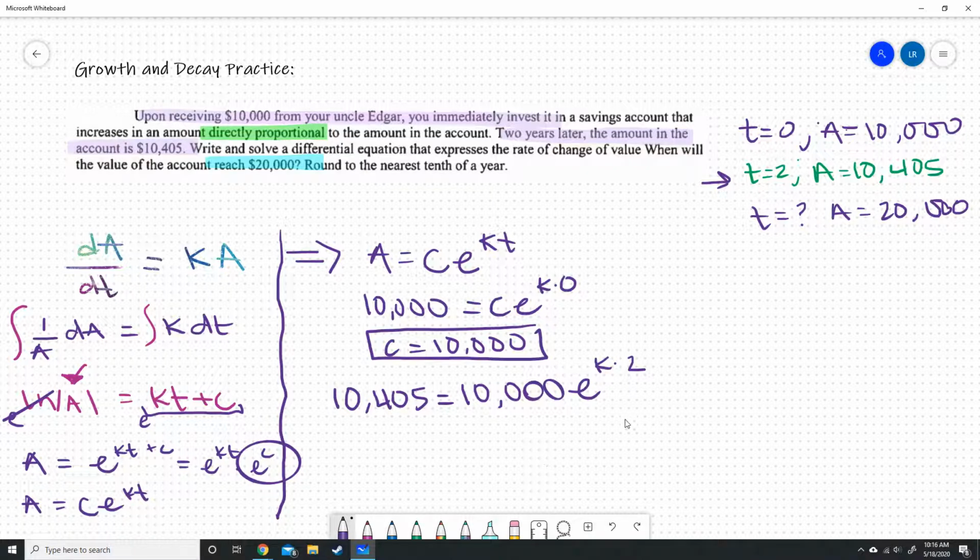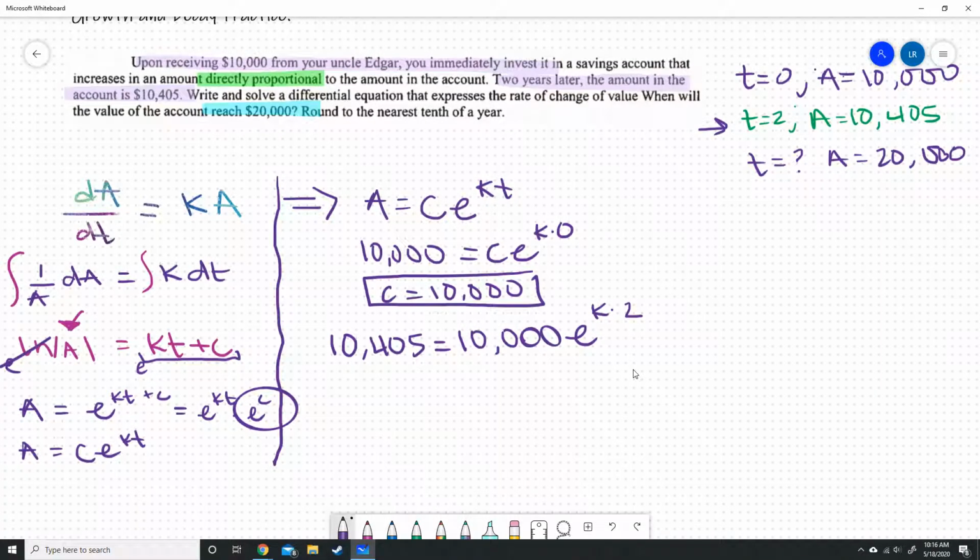Well, using algebra to solve this, we'd divide by 10,000, we'd ln both sides, and we'd divide by 2. So we divide by 10,000, right? So when I divide by 10,000, I've got my 10,000 in my denominator, and that's gone from here. And then we would ln, natural log, both sides.